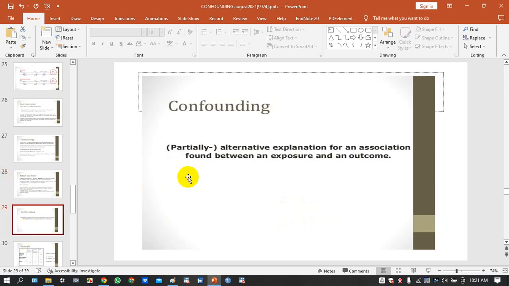Okay, so let's come back to confounding. We finished with effect modification, so let's see confounding. The alternative explanation for an association found between an exposure and an outcome is confounding. Let me give you one more example.